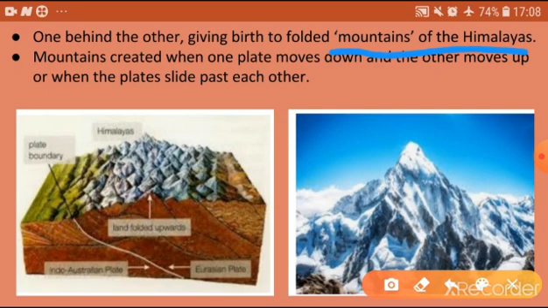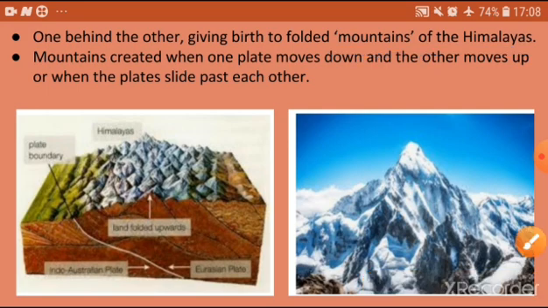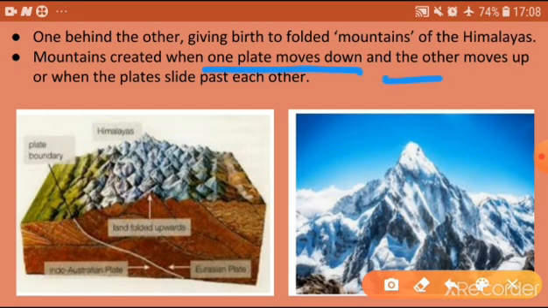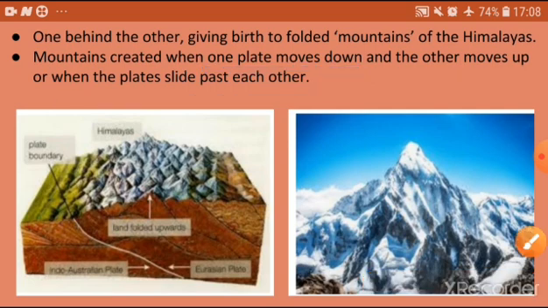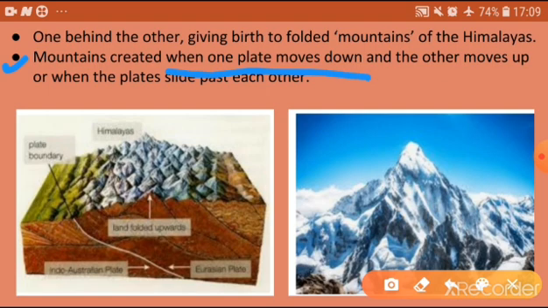So finally, how are the mountains created? Mountains are created when one plate moves down and the other moves up, or when the plates slide past each other. Once again, I will repeat this sentence. Mountains are created when one plate moves down and the other moves up.